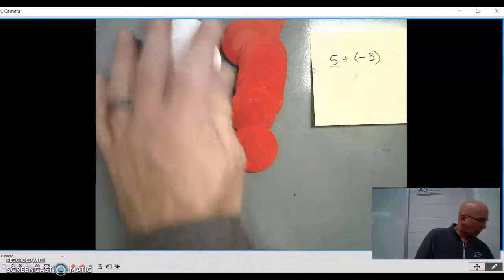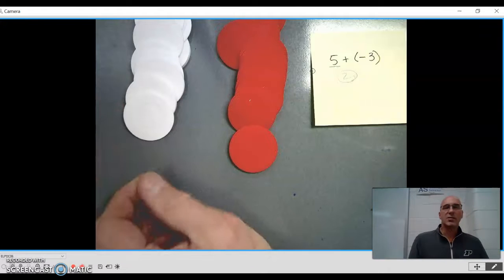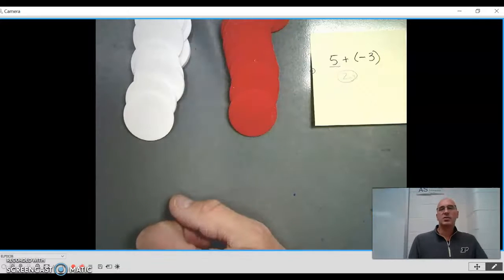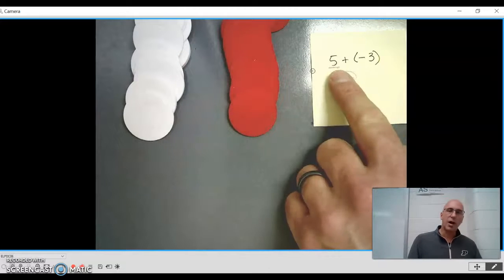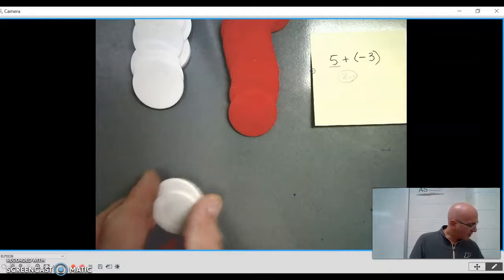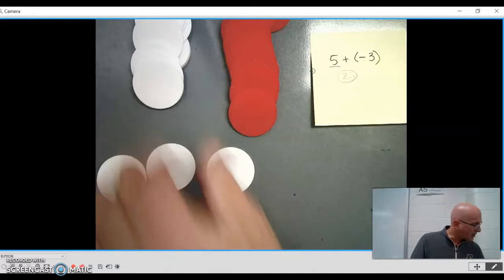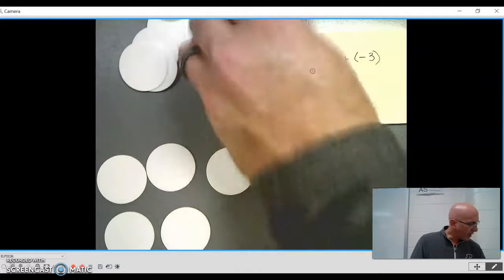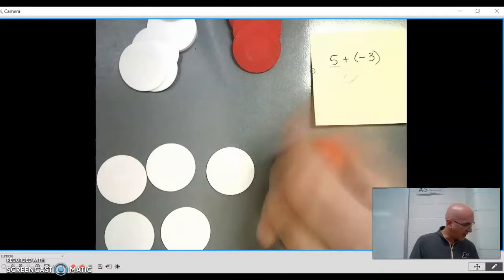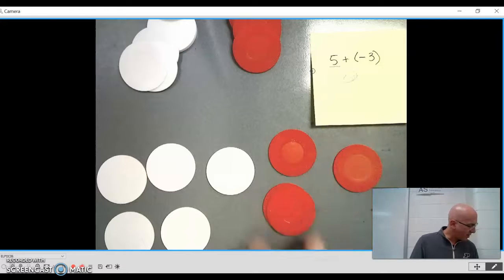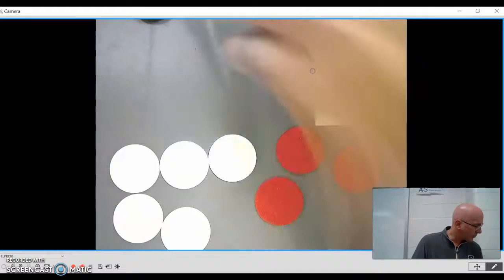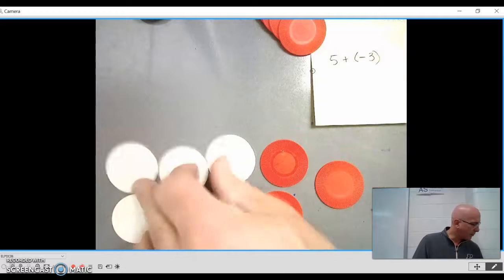Now the white ones are going to stand for the positive numbers, and the red ones are going to represent negative numbers. So in this particular problem, I have 5 in the positive direction. So I'm going to take 5 white chips. And then I have 3 in the negative direction. So I have 3 red chips. So 5 white and 3 red.